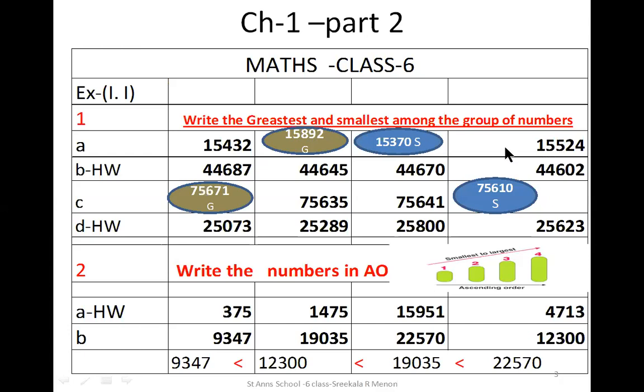From this, we can understand the greatest number is 15,892. I repeat, the greatest number is 15,892 and the smallest number is 15,370. So the first one I have done for you, my children.